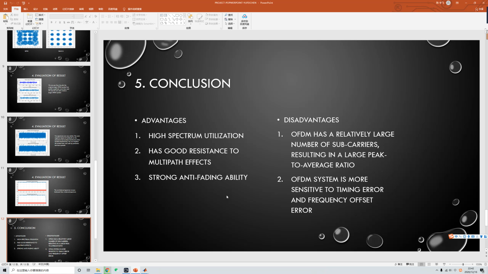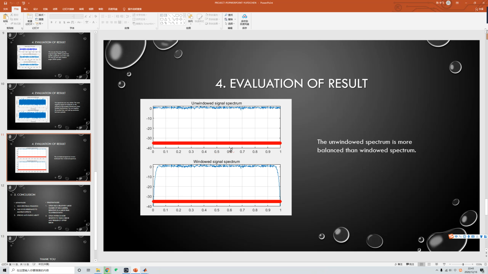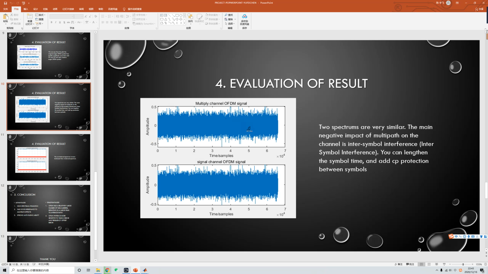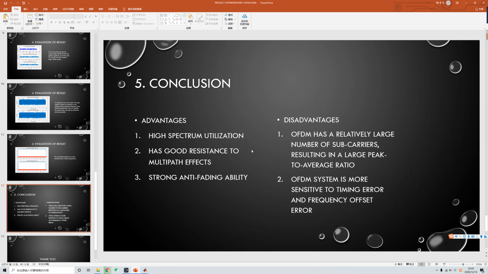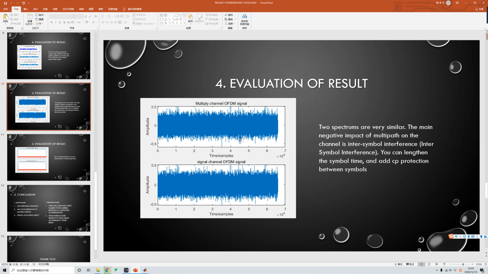So we can get the conclusion of the OFDM simulation. For the advantages, it has high spectrum utilization, which we can see from these two plots, and also has a good resistance to the multipath effect, which is very obvious here.